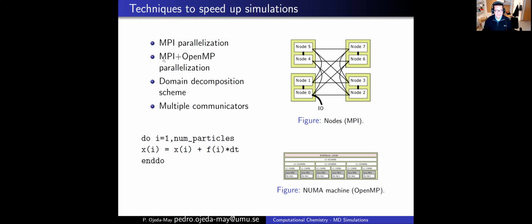Also, you can implement MPI plus OpenMP to optimize the memory locally, and also use different algorithms like domain decomposition and several other techniques. These techniques can be applied to speed up your code that initially started running on a single CPU.